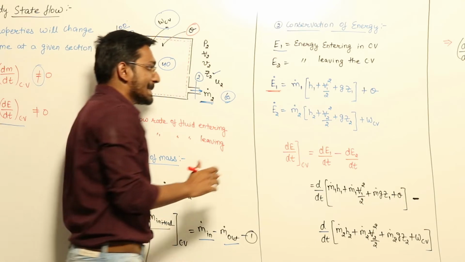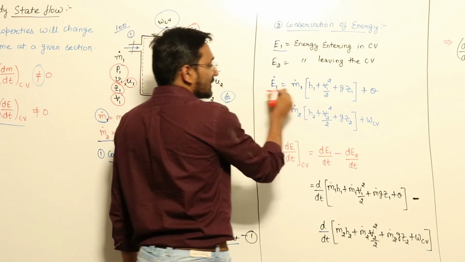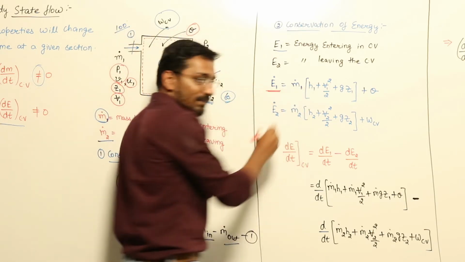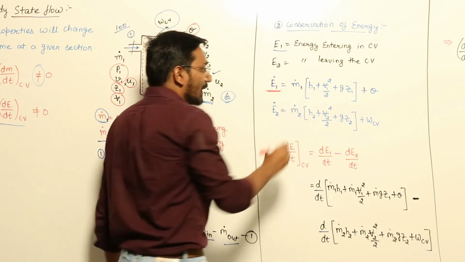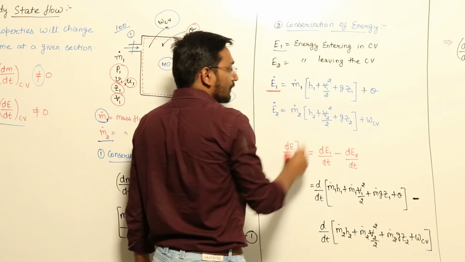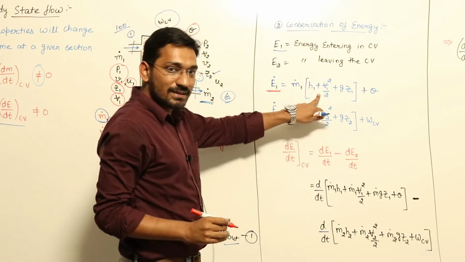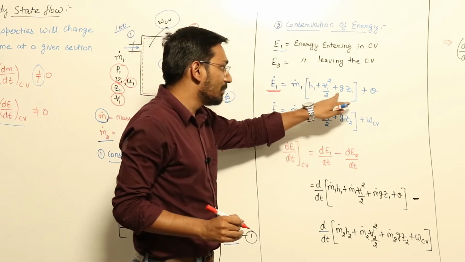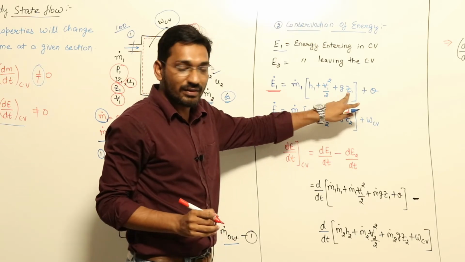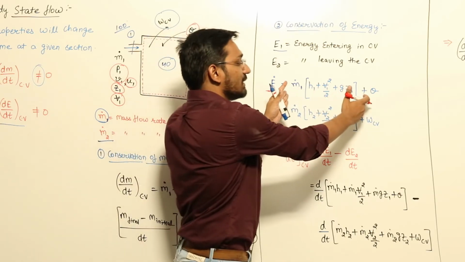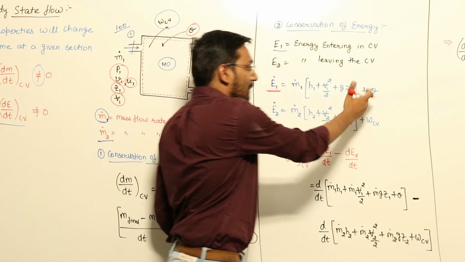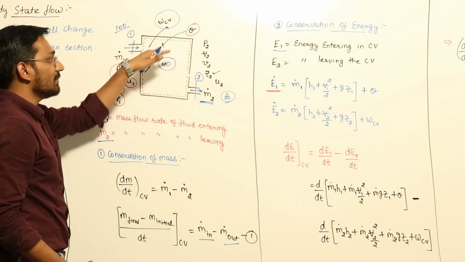So I am writing energy entering the system as m dot 1, the mass flow rate at the inlet, into h1 plus v1 squared upon 2 plus gz1. This is the amount of energy which is coming inside the system, plus Q, you are adding some heat into the system.